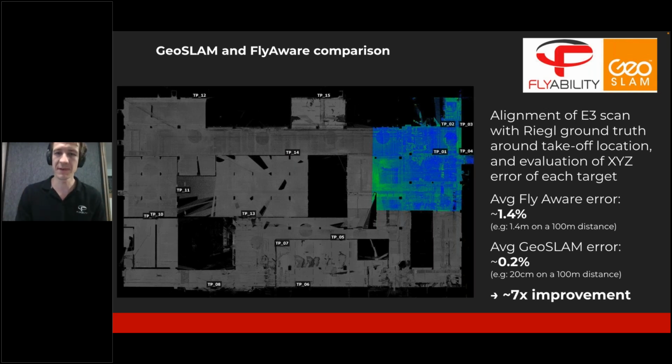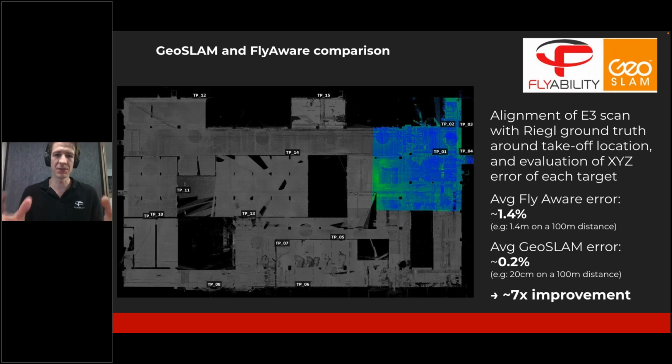Here with FlyAware, we had an average 1.4% drift, which means the targets all the way at the bottom left, about 100 meters away from the takeoff point, are shown by the models about 1.5 meters wrong on average. Whereas with GeoSLAM, the drift is 0.2%, which corresponds to a 20 centimeter error at 100 meter distance. So this is approximately a 7x improvement with the GeoSLAM post-processing.